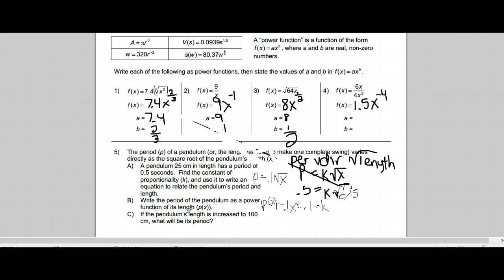So C says that the pendulum's length is increased to 100 centimeters. What will be its period? So we're looking for period, we're looking for P. So we have P of x. Actually, x is going to be 100. P of 100 is going to equal 0.1 times the square root of 100.